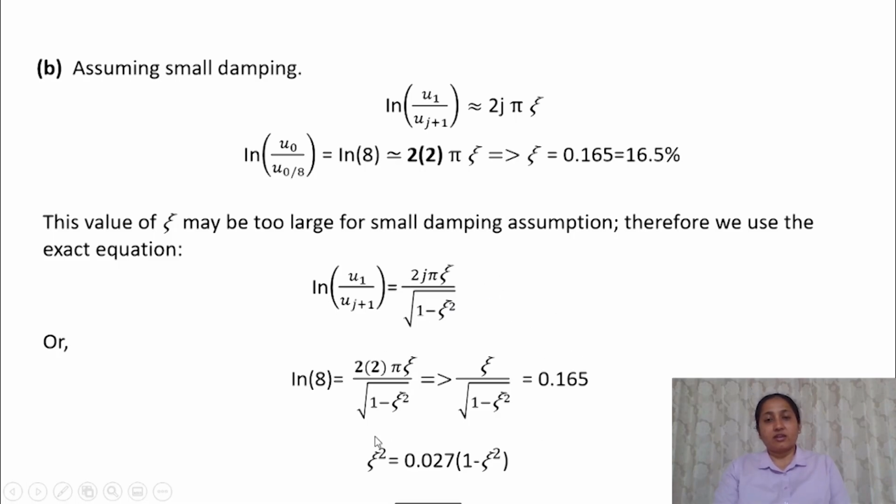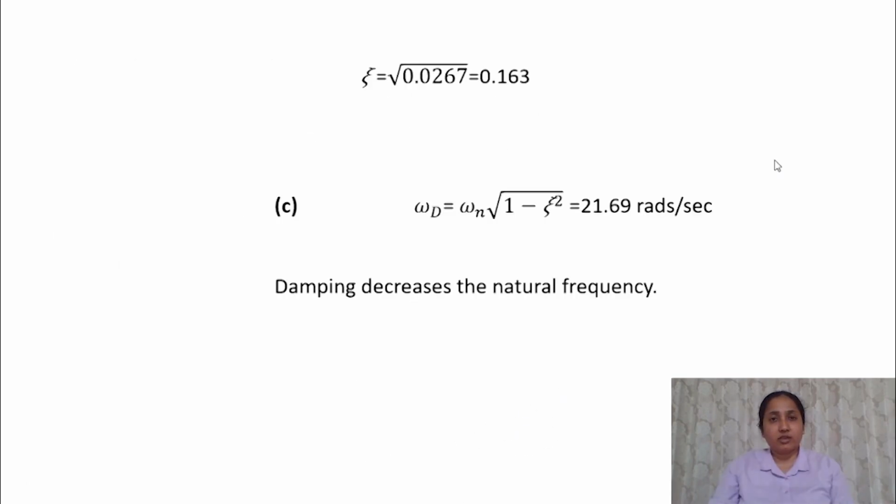From this we can evaluate the value of zeta by solving this equation. So we get zeta is equal to 0.163. If you solve the previous equation, we will get the value of zeta.